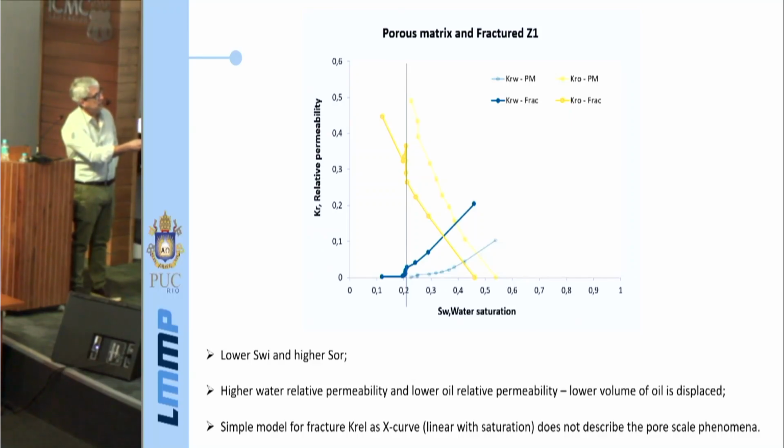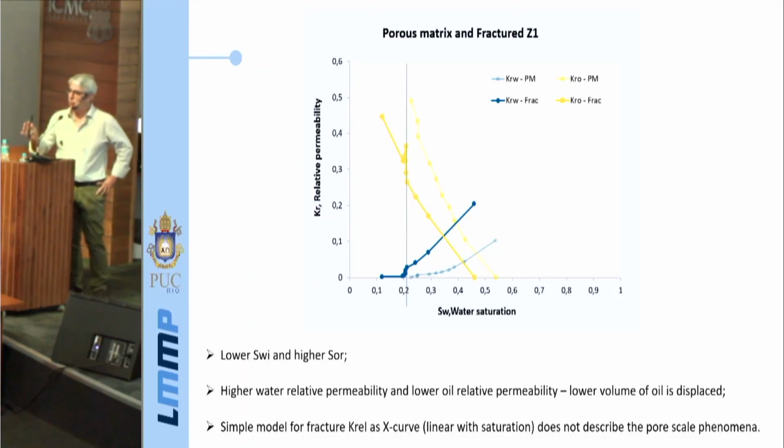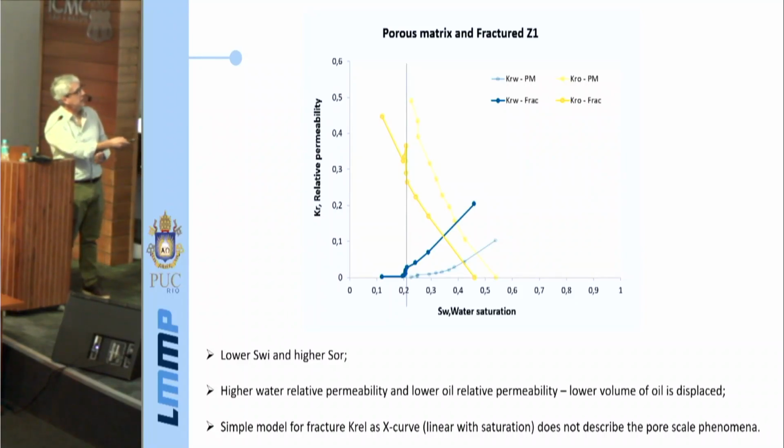So at this point, with the water saturation of around 55%, so the oil saturation is around 45%, oil doesn't flow. So that means that 45% of the pore space has oil that does not flow. So this is bad news if you're trying to displace oil. If you put a fracture, it gets even worse, because now the residual oil saturation went from 45% to 55%.